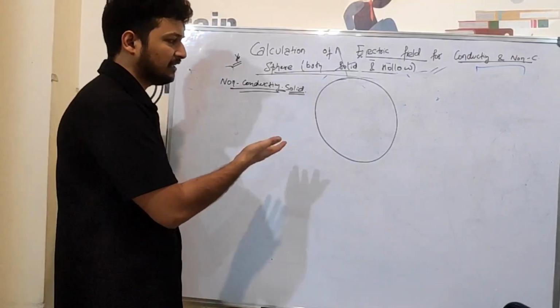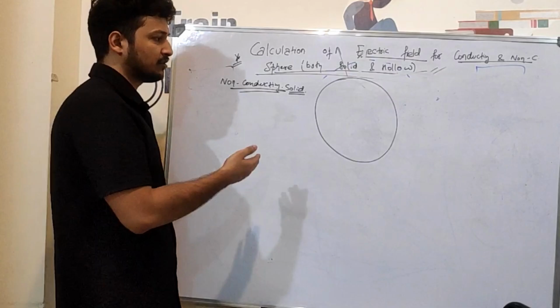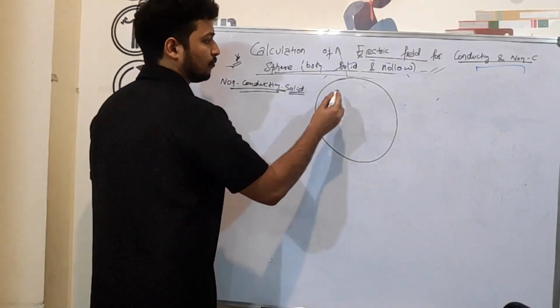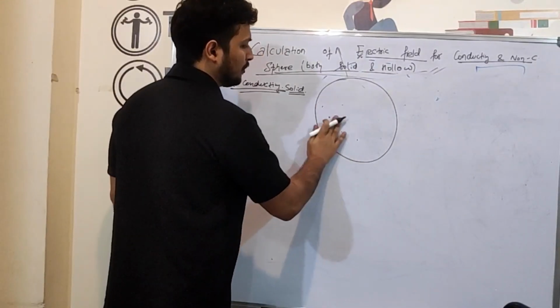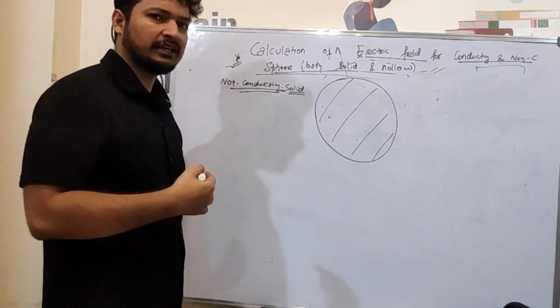So we are saying that this non-conducting sphere which we have is solid in nature. That means there will be charges in its volume. Or you can just simply draw it like this also, the whole sphere will have material inside it.